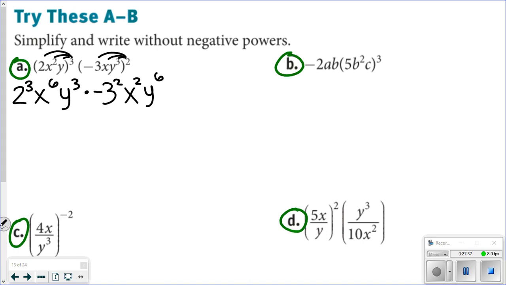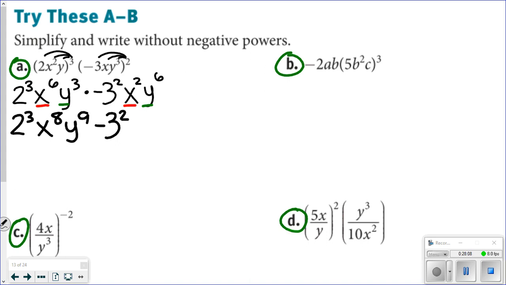Okay, and now I need to multiply. So I have x's as the same base, and I have y's as the same base. So I'm going to leave the 2 alone for a second, and x, 6 plus 2 is 8, y, 3 plus 6 is 9, and then I have negative 3 squared.